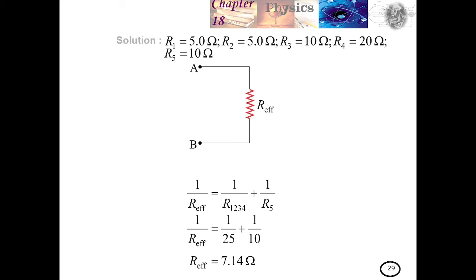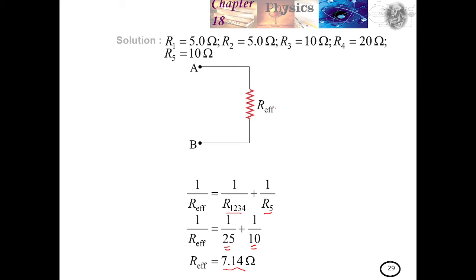The last one is R effective, where the last part is R1, 2, 3, 4 plus R5 because they are connected in parallel. So 1 over 25, 1 over 10, then you have 7.14 ohm.